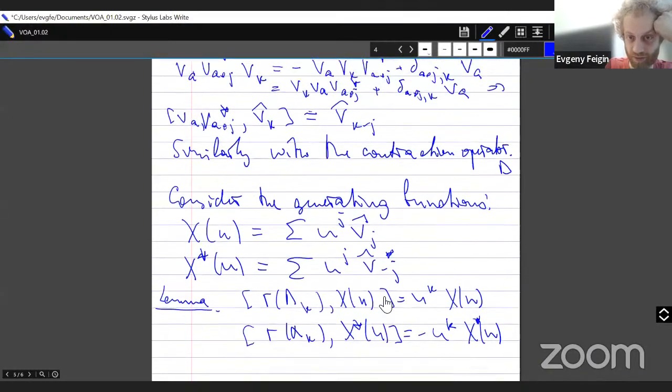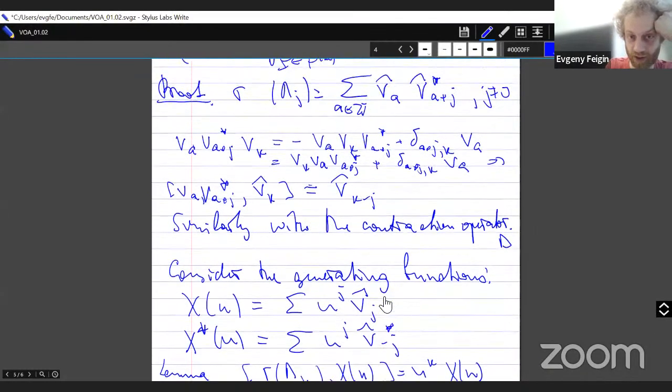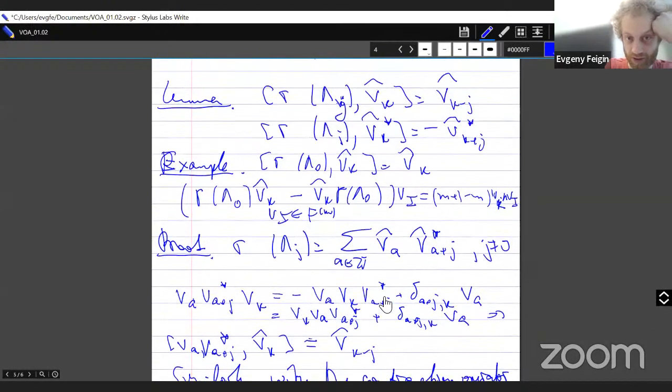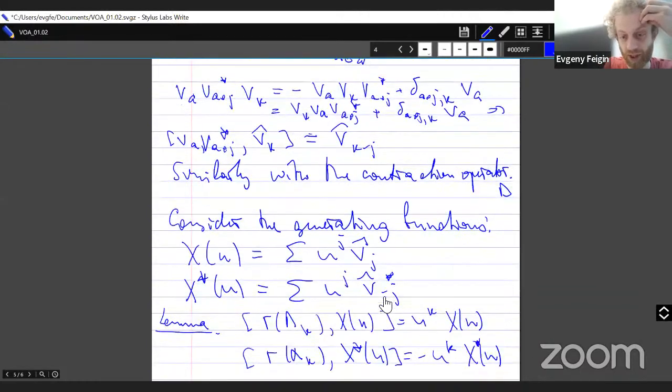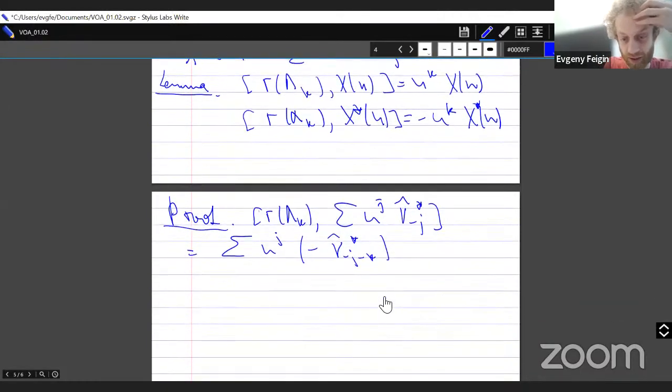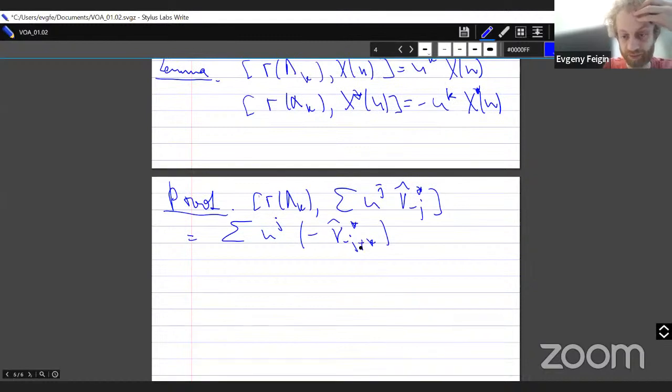So this comes from the formula in the lemma here. So we sum k plus j and we add minus. Oh, that should be plus here, right?